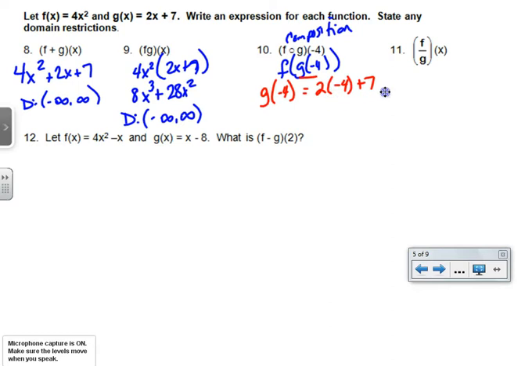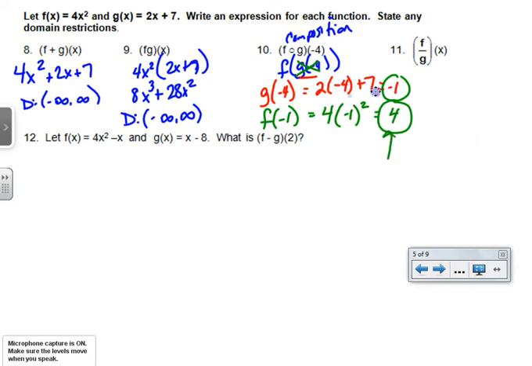Let's see, that's a negative 8 plus 7, that would be a negative 1. And what that means is I'm going to take this negative 1, and now I'm going to put it into the function f, because that's how composition works. So 4 times the negative 1 squared. So negative 1 squared is positive 1, 4 times 1 is 4. The answer to this question is 4. So the second number you get is the final answer.